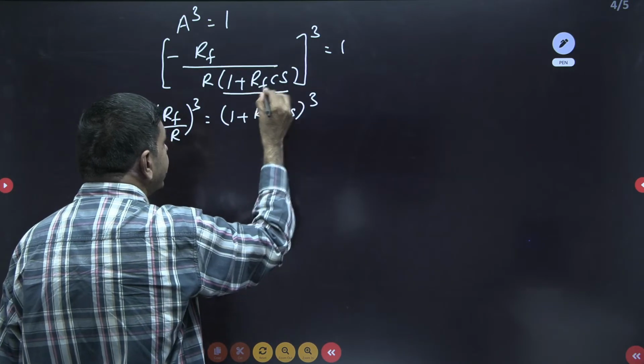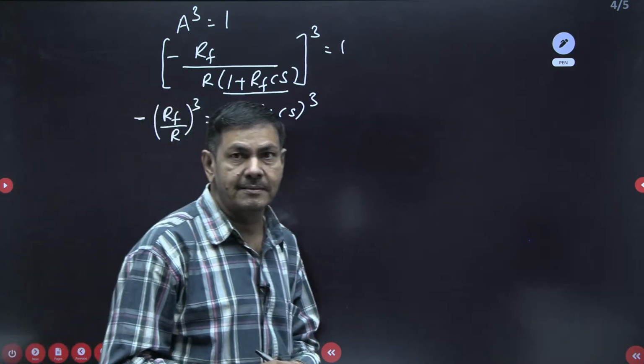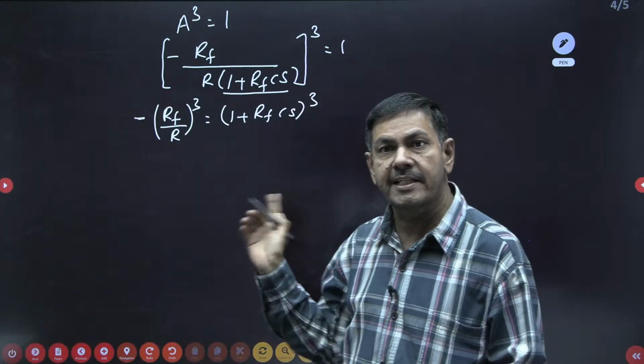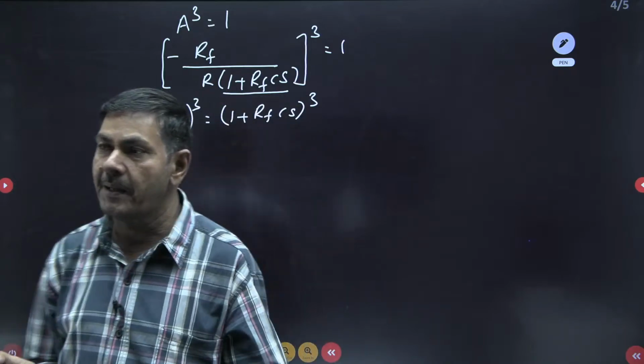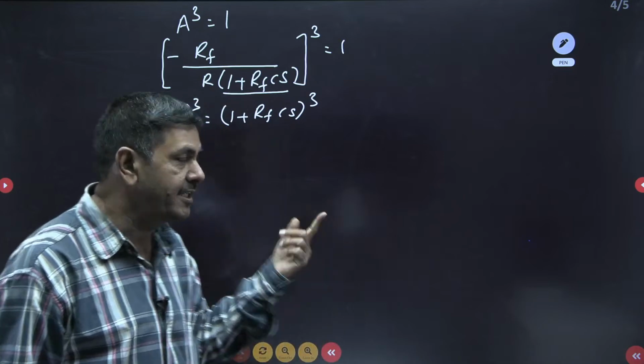Then expand the whole function. After expansion, you will get it in terms of S; put S equal to j omega, compare the real part and imaginary part, and you will get the answer. It's not a tough question, very simple if you practice.